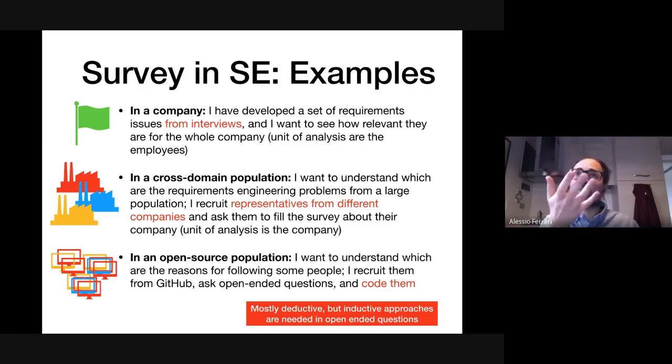This is your theory, and you want to assess, for example, to which extent these are relevant or not within the company. So your approach starts from something and is deductive. But you need to apply inductive approaches, so thematic analysis, grounded theory, and coding in general, for open-ended questions, because you may have a question in which you don't have a choice, but you can write free text. And in this case, you need to apply thematic analysis.